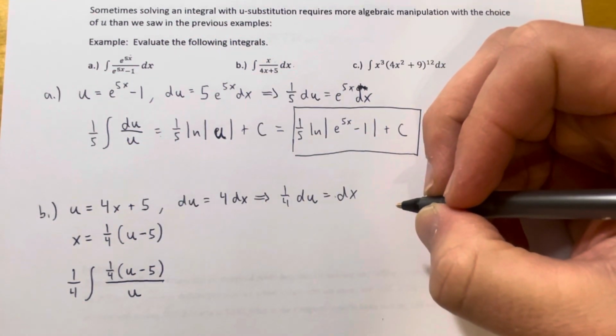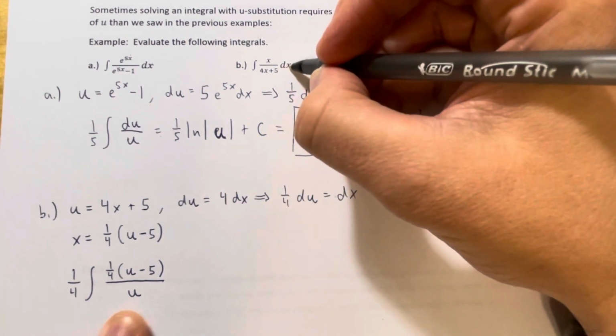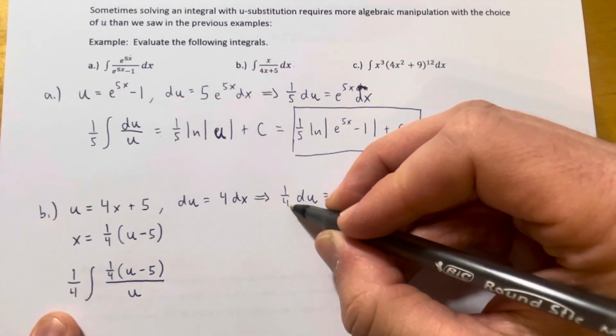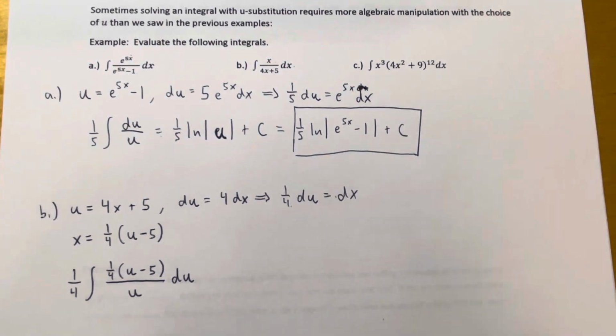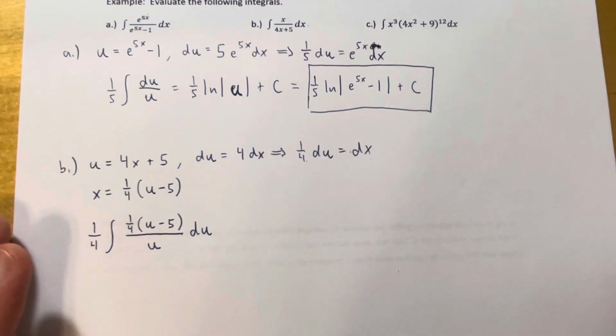And then after that, we have dx, which is equal to 1/4 du. The 1/4 we already wrote out here, so that means I just have a du. Notice how my integrand does not involve any x's anymore. It's only got u's in it. That's what I wanted, right?